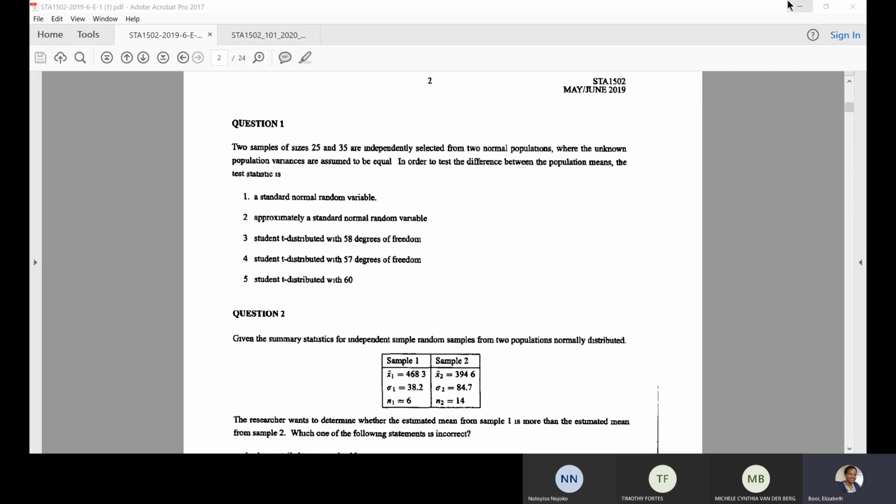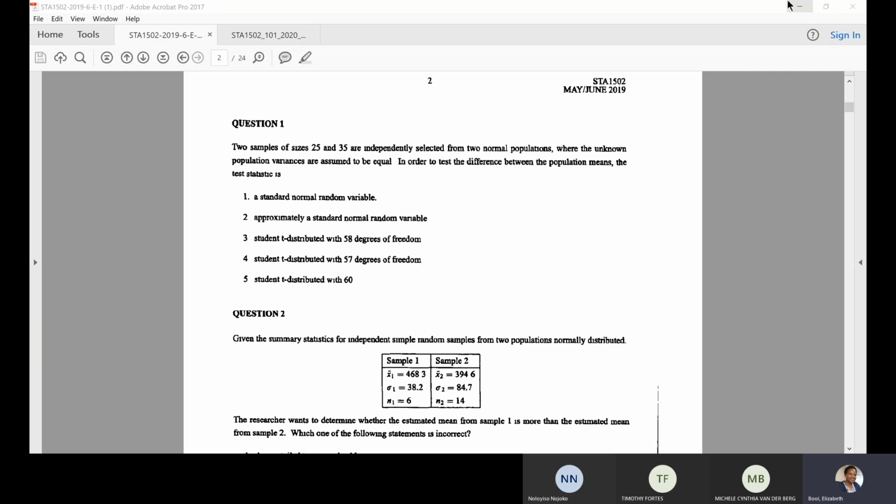Question 1 was asking that 2 sample sizes of 25 and 35 are independently selected from 2 normal populations where the unknown population variances are assumed to be equal. So here we're talking about unknown population variances.